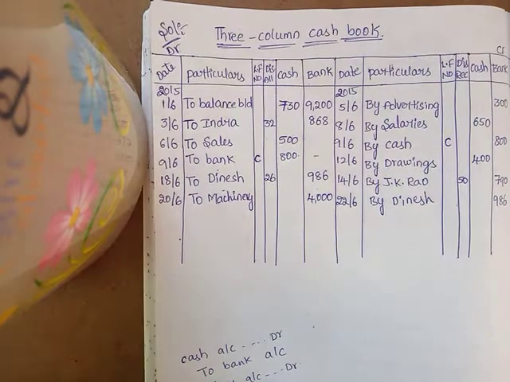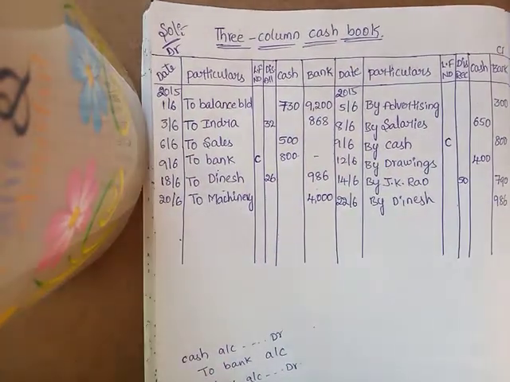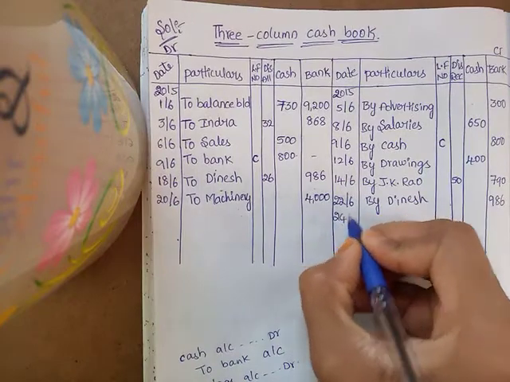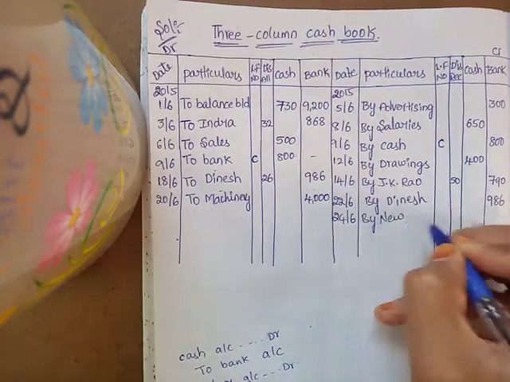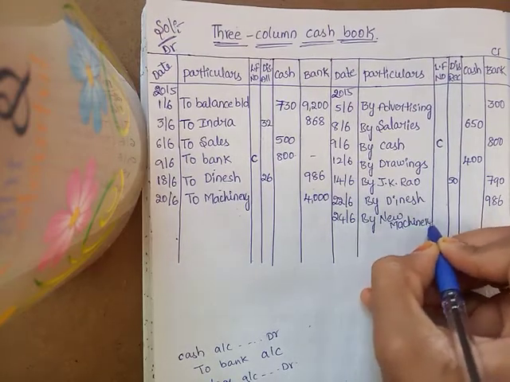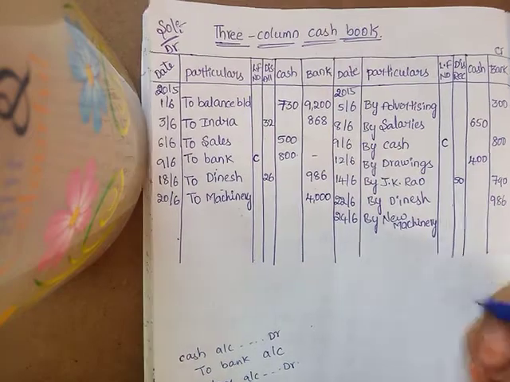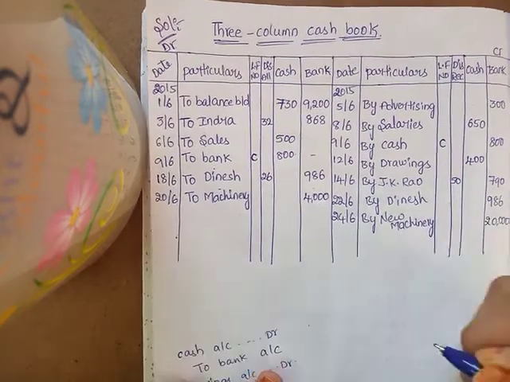Okay. Next is on 24th June, new machinery purchased, issued check. New machinery account debit to bank account. So on 24th, buy new machinery, issued in check now. So write that amount, rupees 20,000.